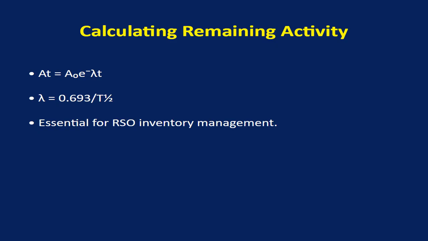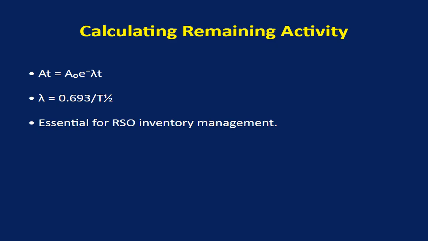Calculating remaining activity. As an RSO, you must be able to calculate how much radiation is left after some time. We use the formula: activity at time t equals initial activity times e to the power of negative lambda times t.